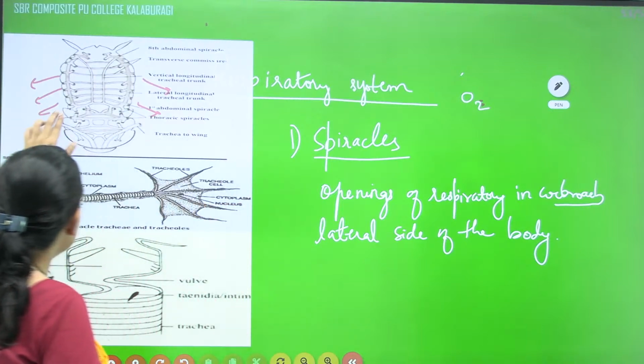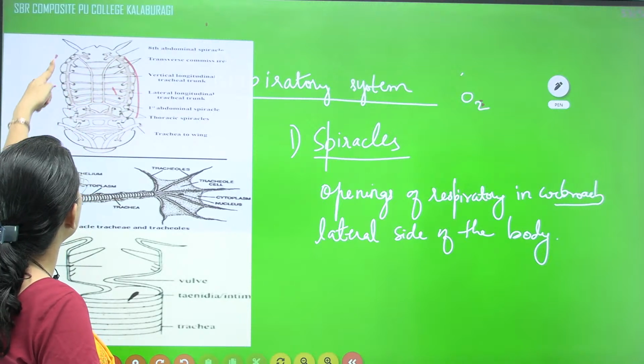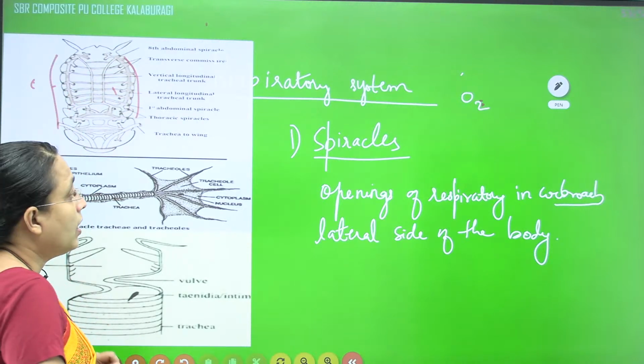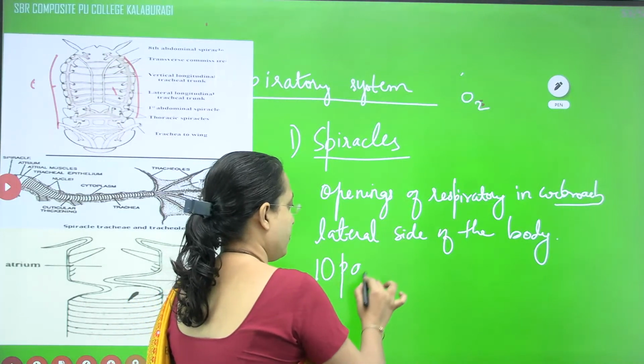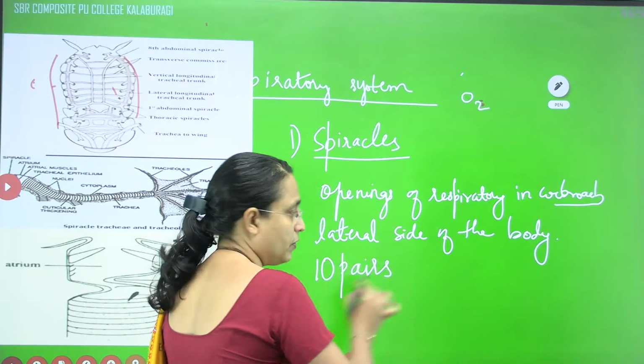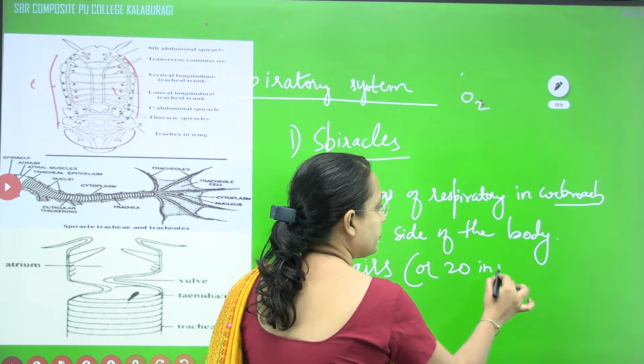So a total of 10 pairs of spiracles will be present on the lateral part of the body, or 20 in number.